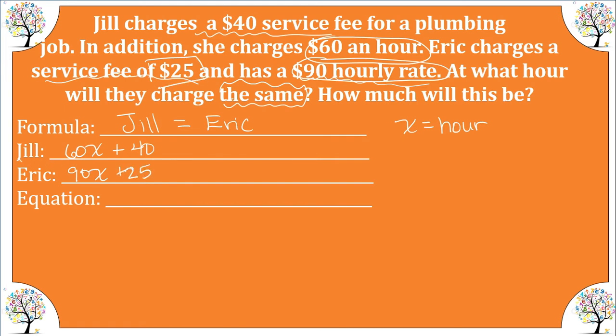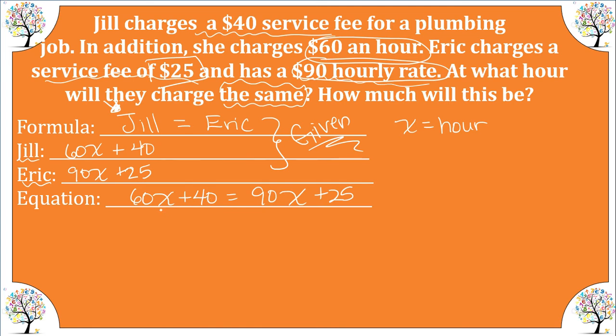Now we can plug these expressions that we have for Jill and Eric into our formula to create our equation. Sometimes folks call this part the given, and you'll learn more about that later. It's what we're given.